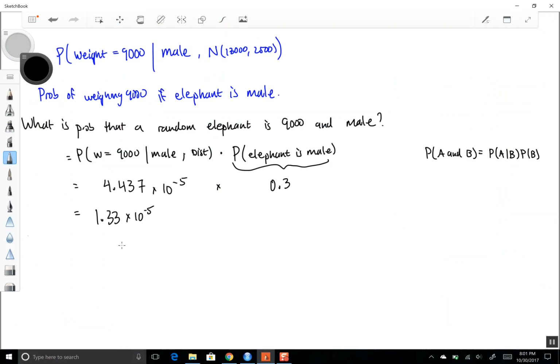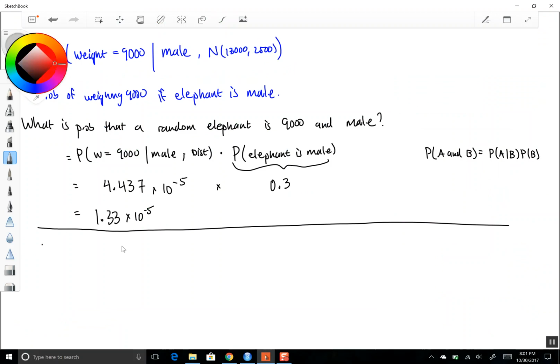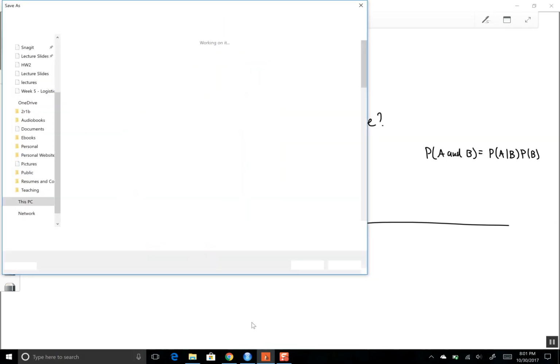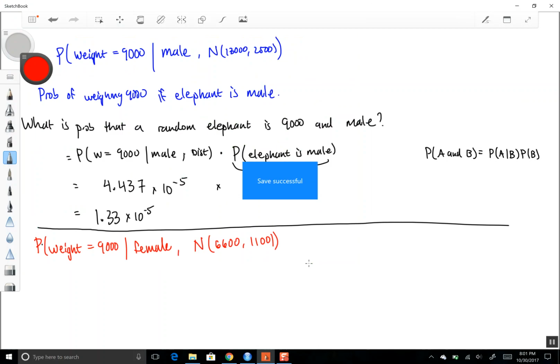Okay. Now we do the same thing. And now we will do the probability of weight equal to 9,000 given female, and the female has a distribution of, what was it, 6,600 and I said 1,100? I don't know, something like that. Can somebody just confirm that those are the numbers I used?